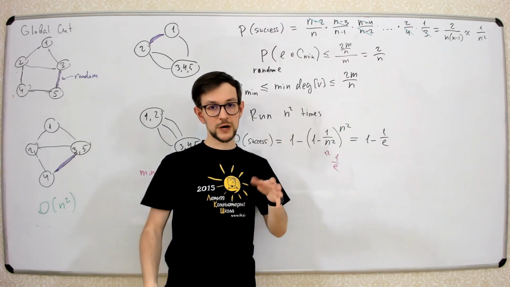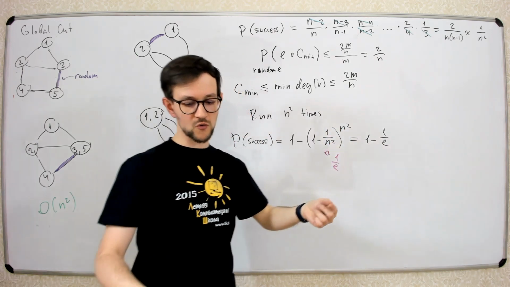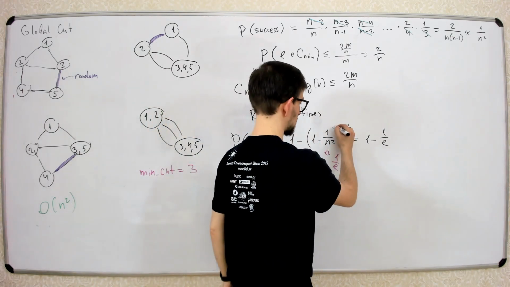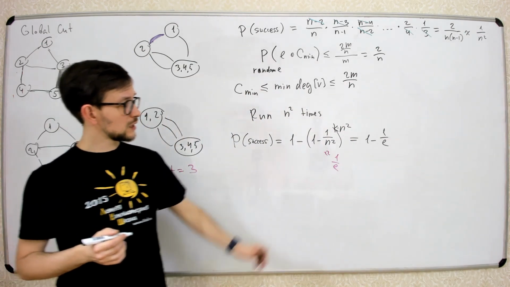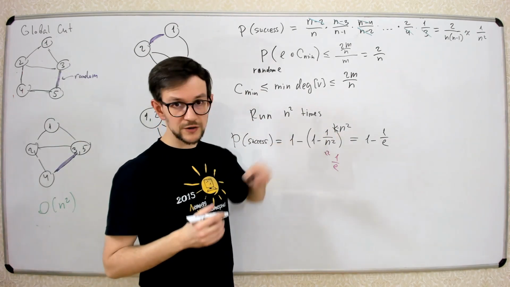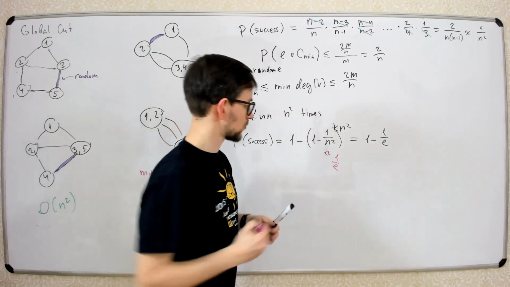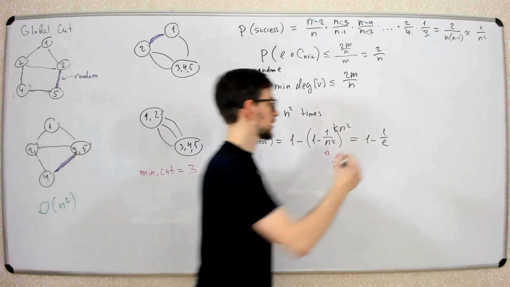Now what can we do? We can run it not n squared times, but a multiple of n squared. So let's say n squared multiplied by k. If we run k n squared times, the probability of failure here will be not 1 over e, but 1 over e power k.